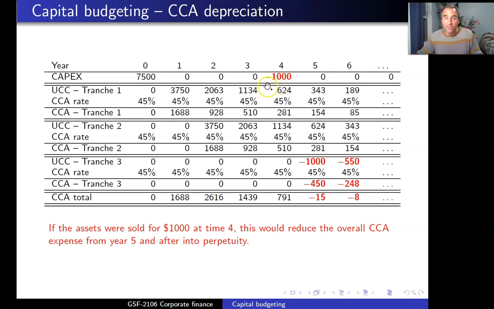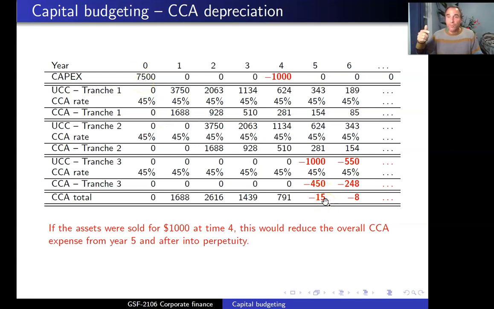So if the assets purchased at time 0 are sold for $1,000 here, well, the asset class is deducted by an amount larger than whatever these assets contributed to the asset class.